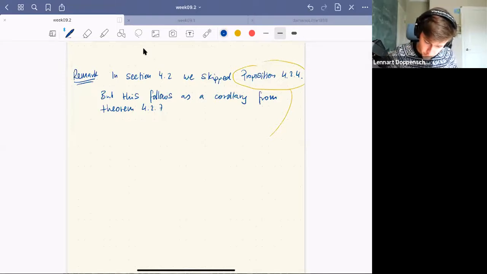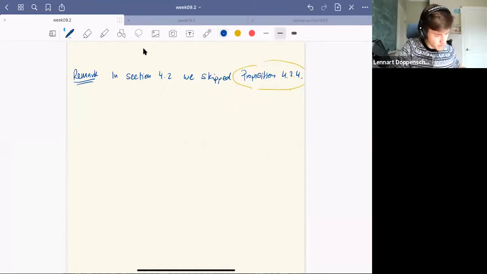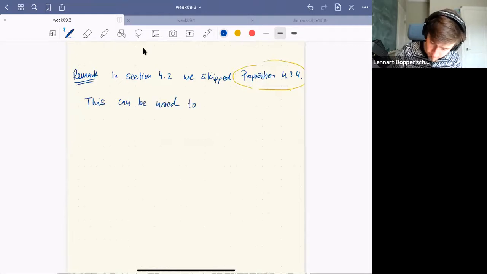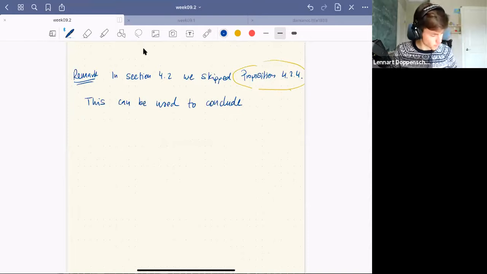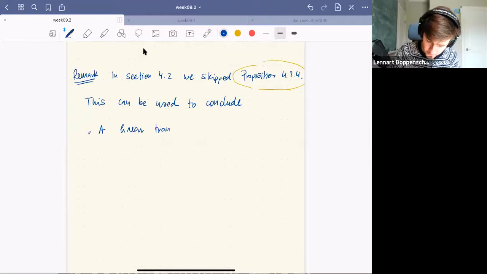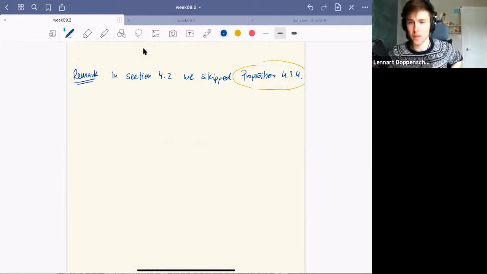Well, this is not true. Sorry, I thought it was a different proposition. Actually, if I just say we skipped this proposition, I don't want to spend time on it right now.